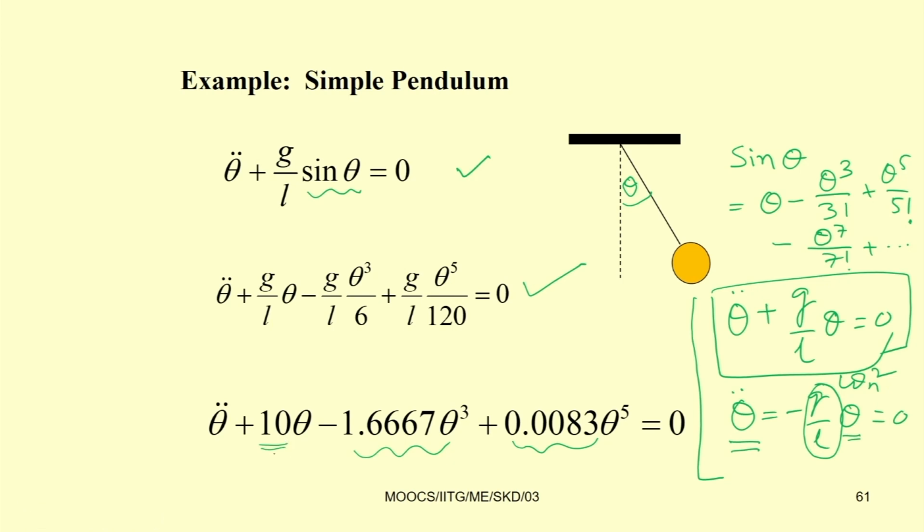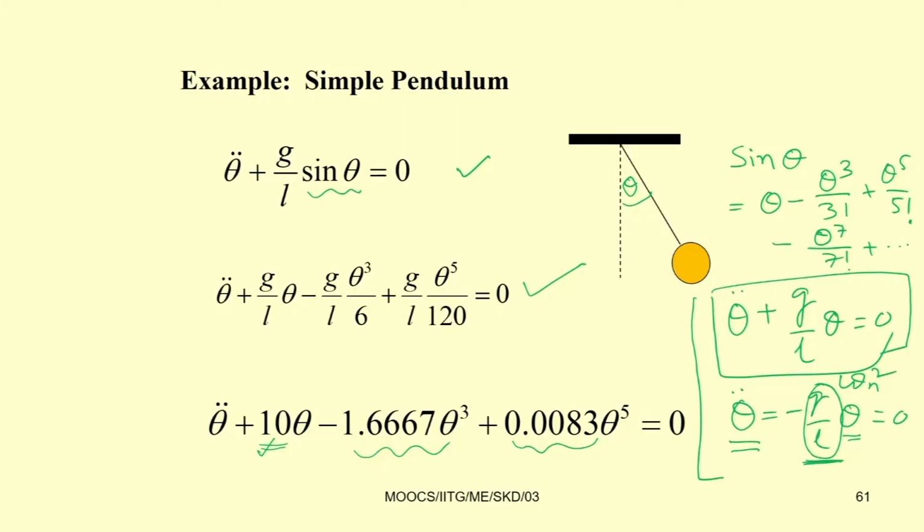The coefficient of theta is the linear term, similar to your omega square that I described before. So you will always have a tendency to neglect this 0.0083, this fifth order term. Similarly, many times we neglect the cubic order nonlinearity also.